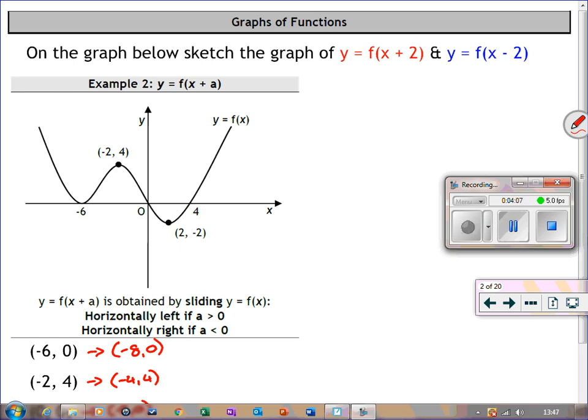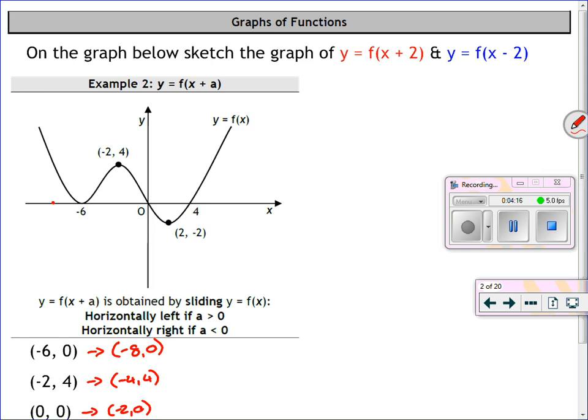So let's go ahead and now sketch that. So we have minus 8, 0 would be approximately here. Minus 4, 4 would be approximately here. Minus 2, 0 would be approximately here. The next one is 0, minus 2, which would be approximately here.